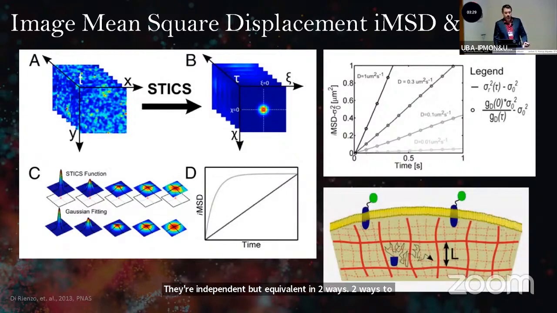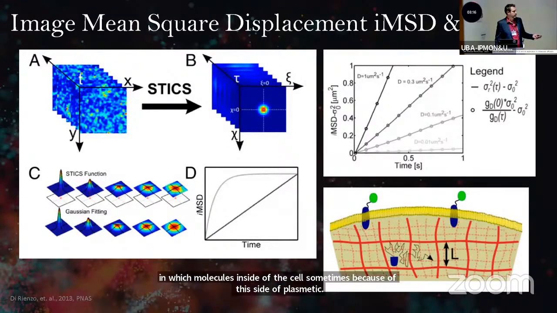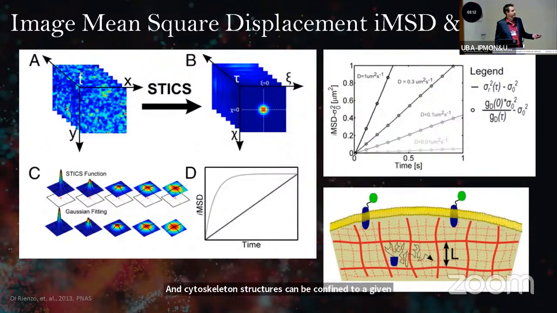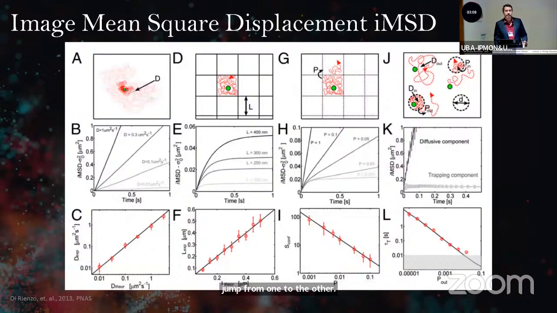The advantage, or what is easier to understand and conceptually visualize with IMSD, is that sometimes you have this picket fence model in which molecules inside of the cell, because of the cytoplasmic and cytoskeleton structures, can be confined to a given characteristic length, and sometimes they can jump from one to the other, and sometimes they cannot. By using IMSD, you can distinguish these different dynamics.